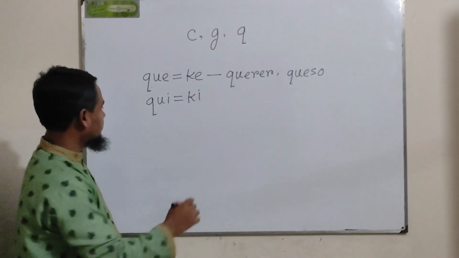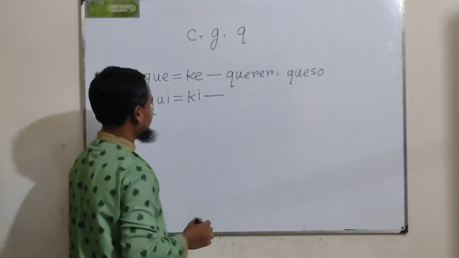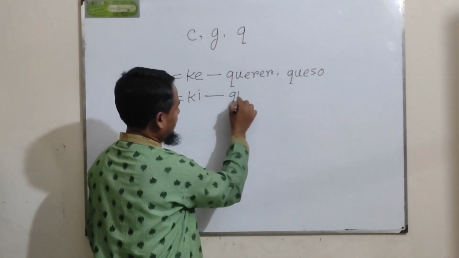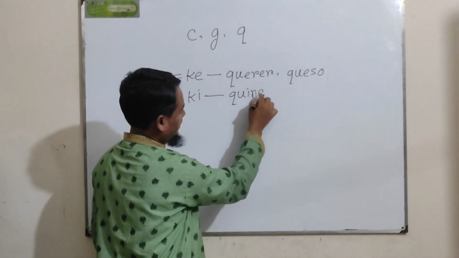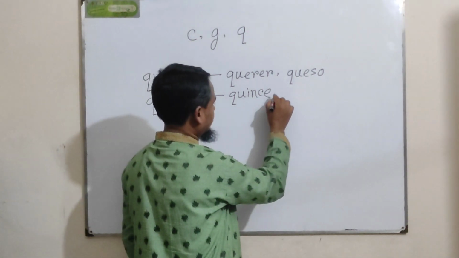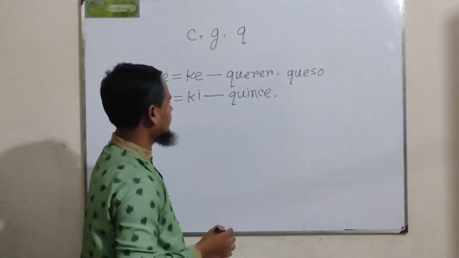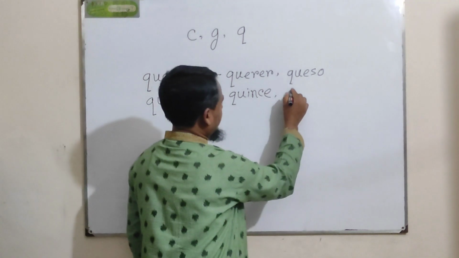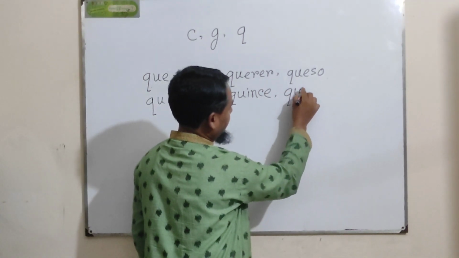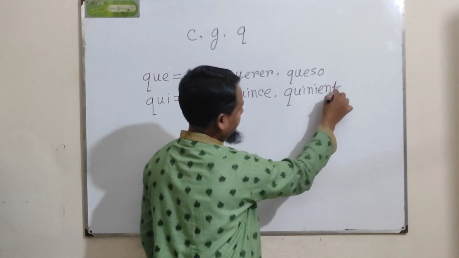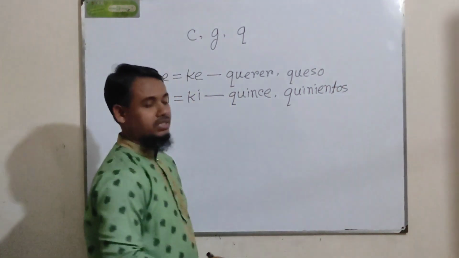Key. Por ejemplo, quince. Quince means 15. Quinientos.